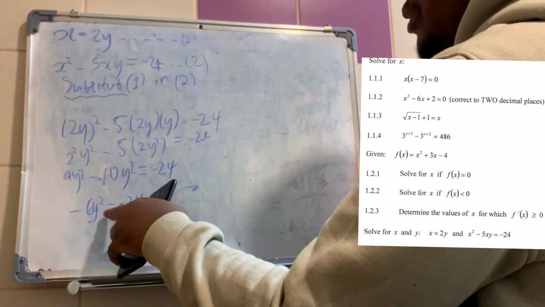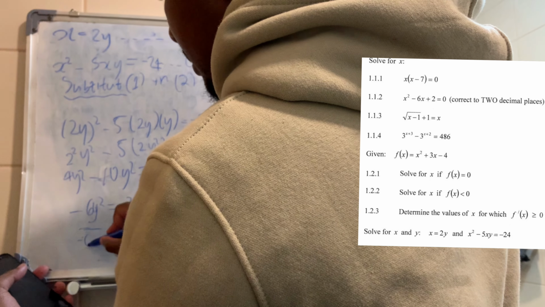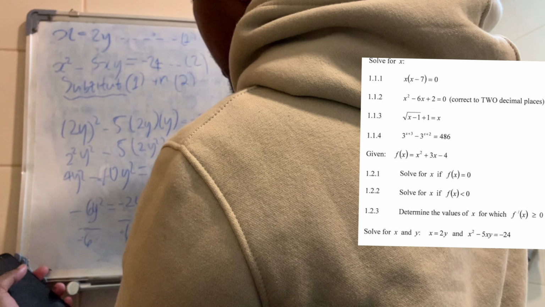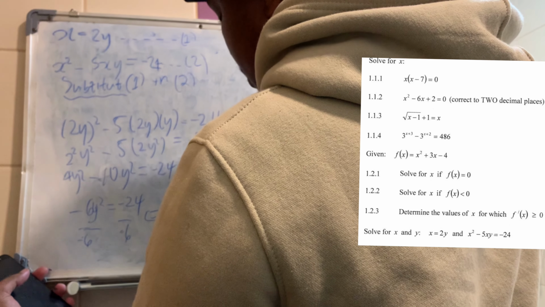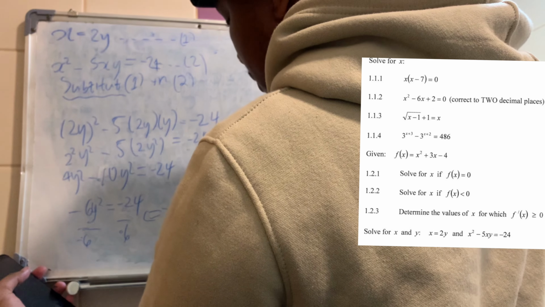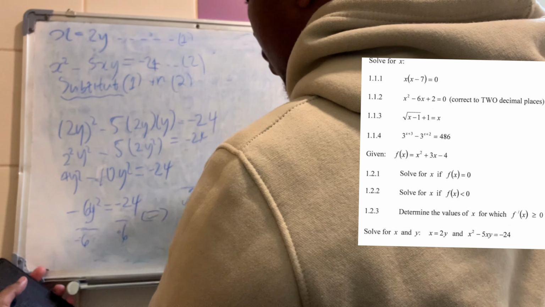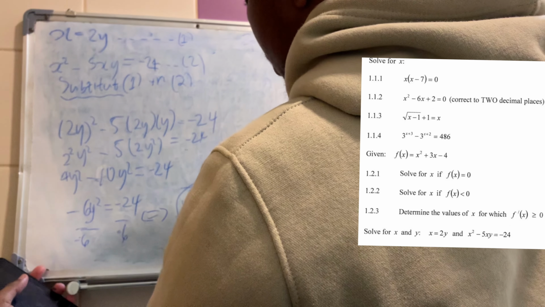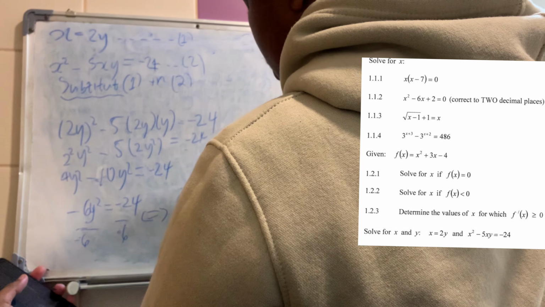To solve for y, you divide by minus 6, and you get y squared is equal to 4. Then y, taking the square root, is plus or minus 2.